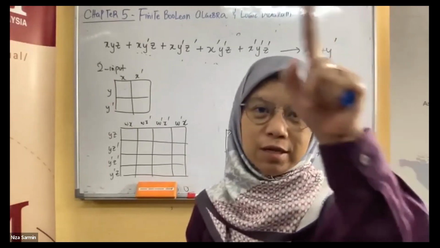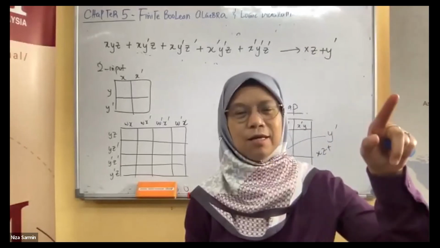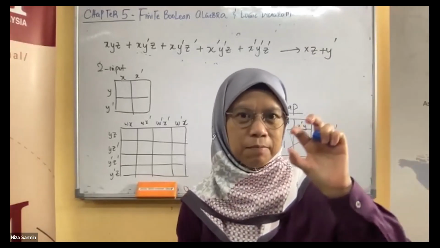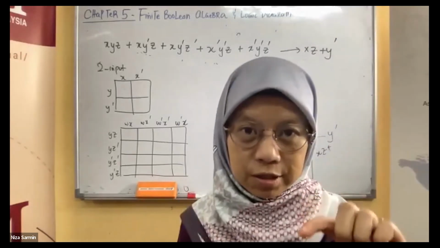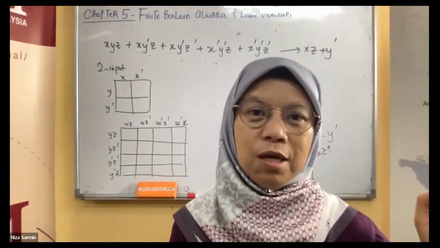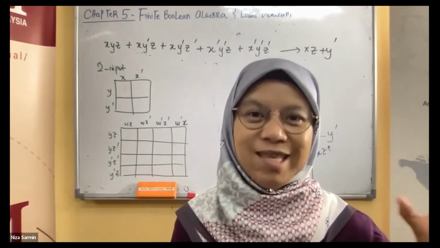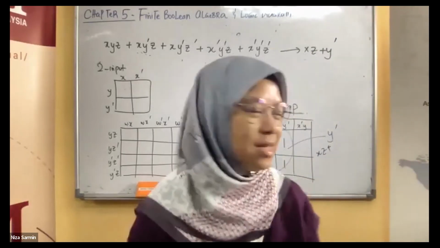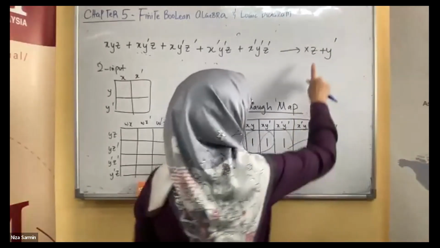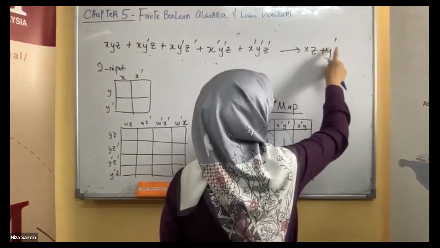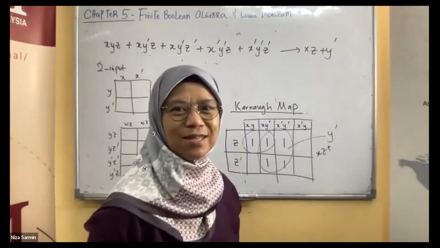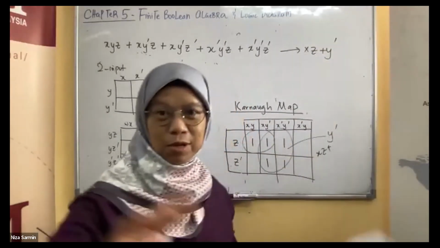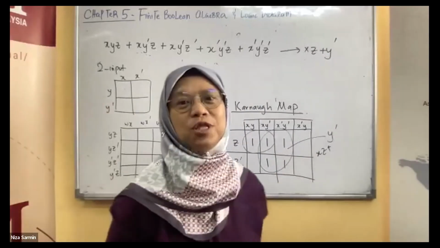You have to write the truth table, and then you have to find the simplest or the minimum expression. Remember, just now we calculated the gates, there are 20 gates, but that 20 gates can be minimized into like this, only 1, 2, 3 gates, right? 3 gates. From like 20 gates, you can minimize to 3 gates.